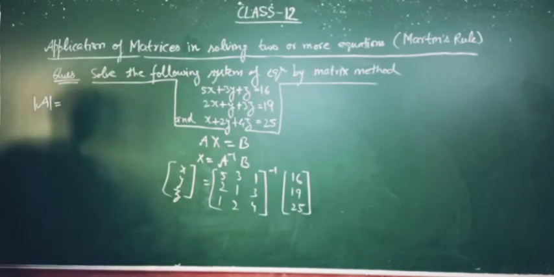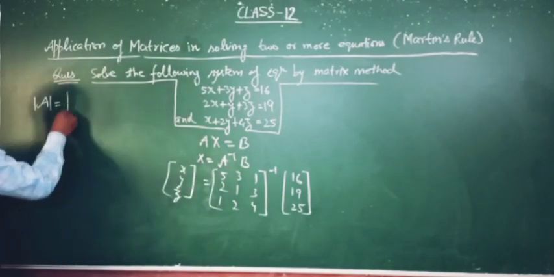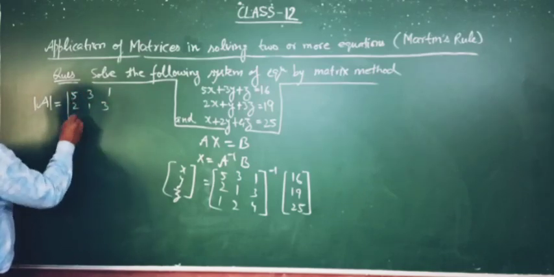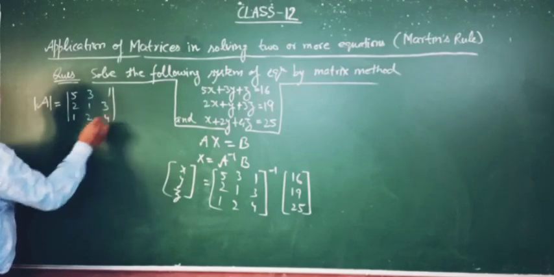Determinant of A, it means the determinant of 5, 3, 1, 2, 1, 3, 1, 2, 4.